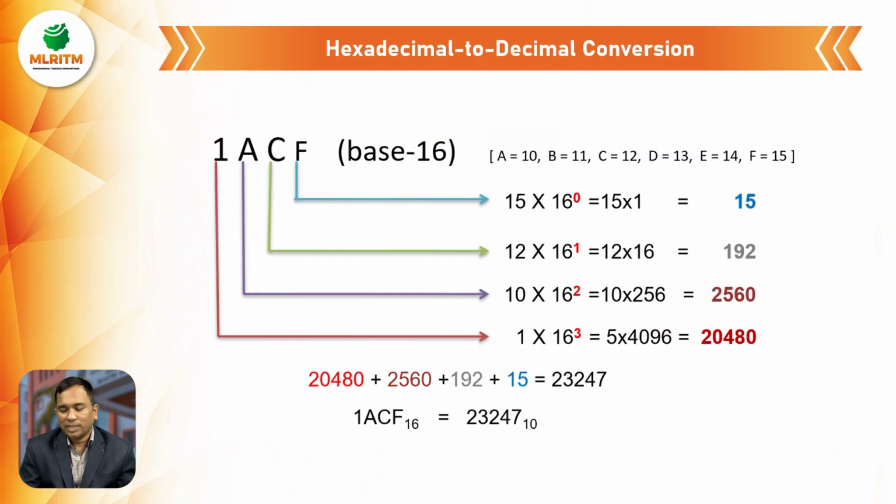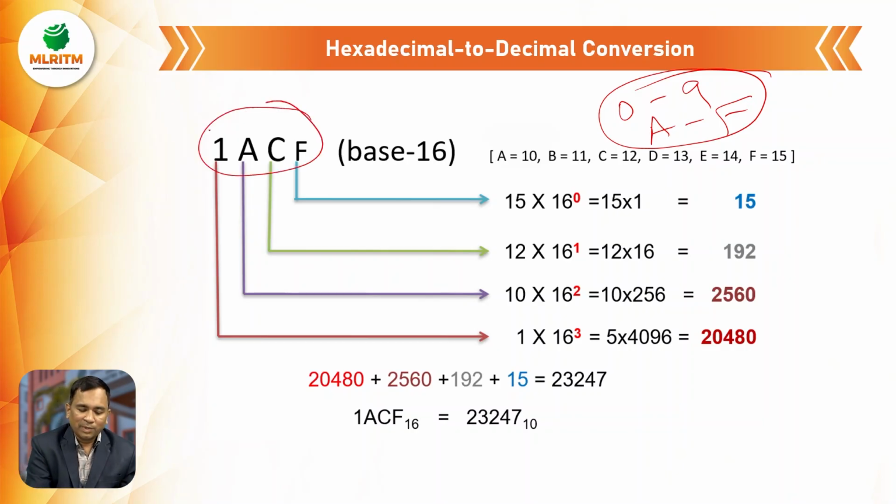And the next conversion I'm going to is hexadecimal conversion. In hexadecimal, as we said just now, the number varies from 0 to 9 and A to F, so then it is called hexadecimal. For all conversions, my input is taken and converted into decimal format. And here I'm taking an example of hexadecimal 1ACF. But in the previous basics, we don't know the values of A, C, F, so for that reason I give the values here.